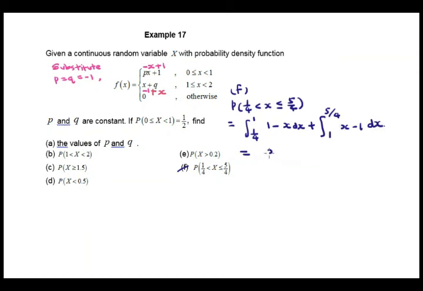It is equal to plus x squared over 2 minus x.